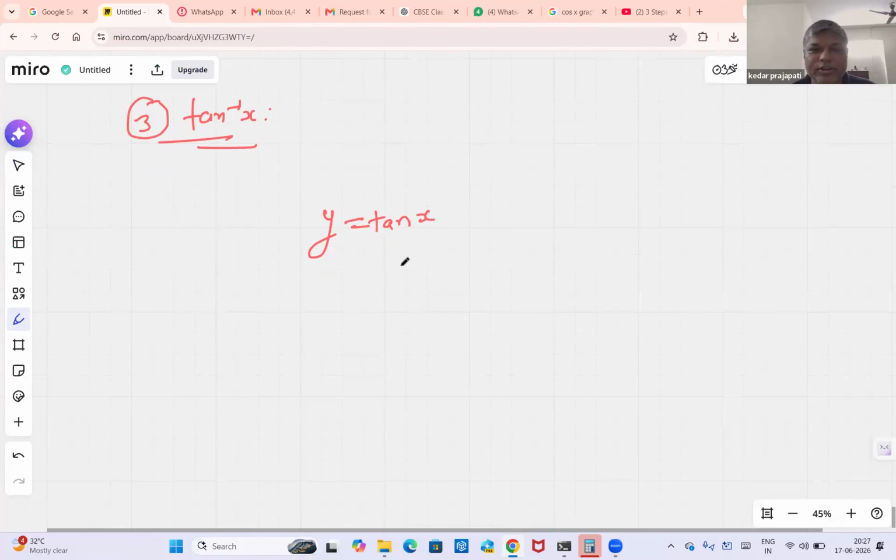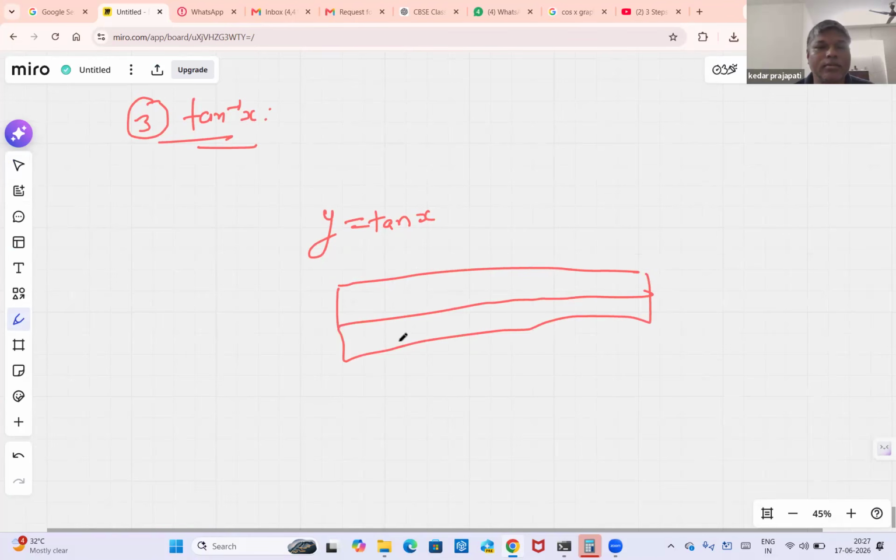Again, we will take x, y coordinates. Some values we can take: where x is 0, then you can take any values. So pi by 2 I'm taking. Okay, let's take pi by 4 first.